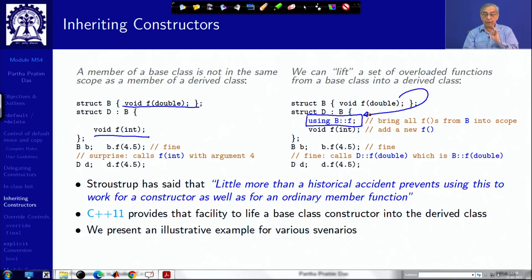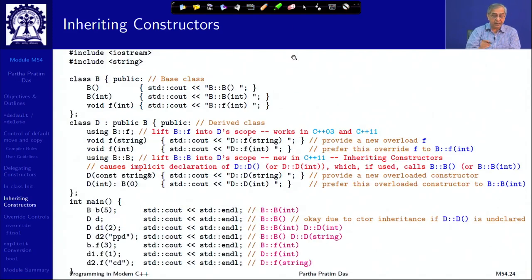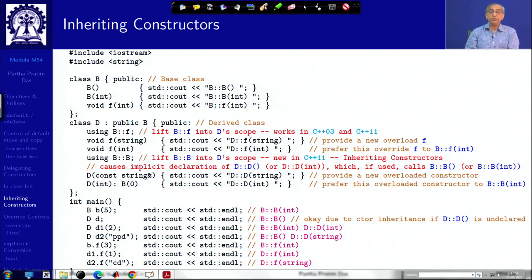Right? So, now D has 2 f functions, but this entire thing applies only to ordinary member functions, not to the constructor. What C++11 has done, it has simply allowed that to also be present.